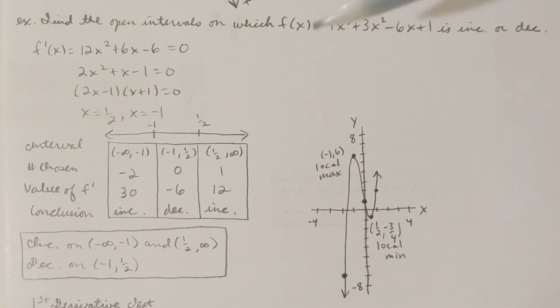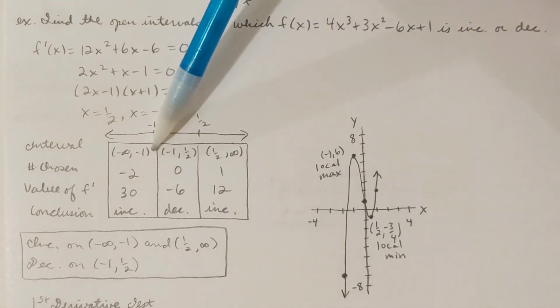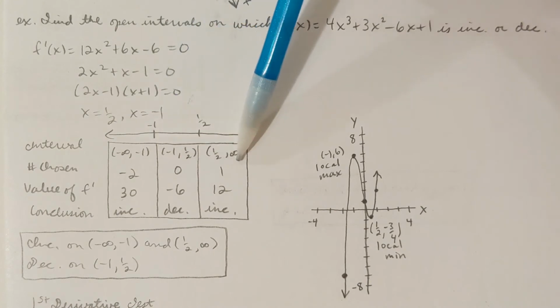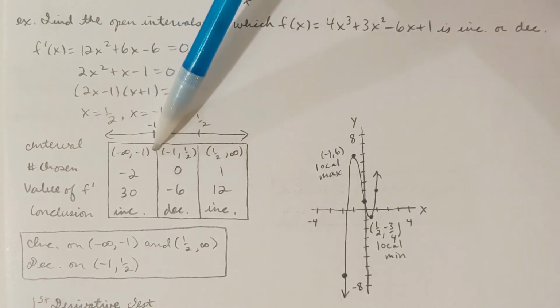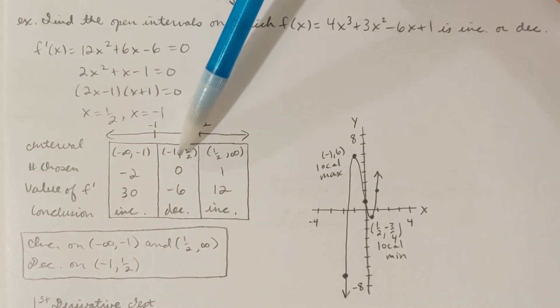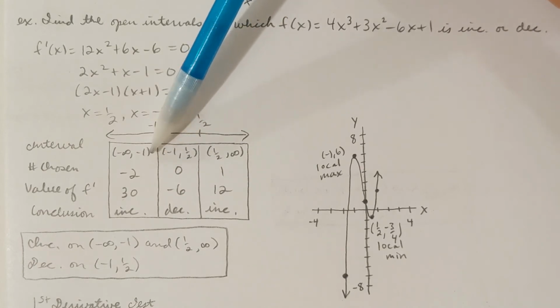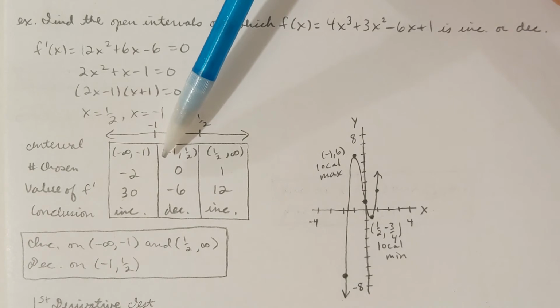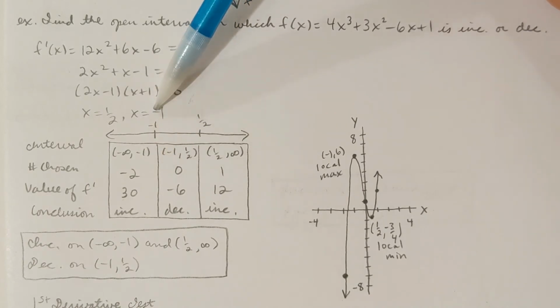Now, when you select a test value, it can be any number that you want as long as it's in the interval. When you write down your interval, make sure that you're using open intervals everywhere, okay? No brackets. A bracket means that I'm including the number, right? So if I'm including the number, I'm able to select it as a test value, and I don't want to do that because I already know what happens when x is negative 1 or x is 1/2.